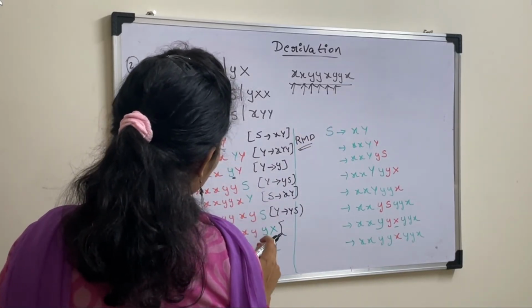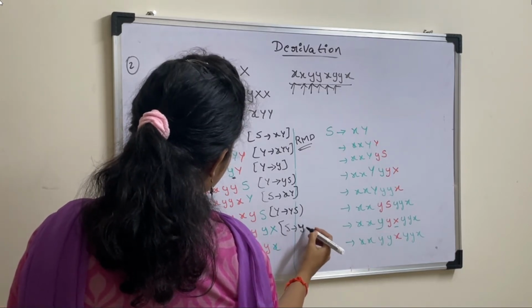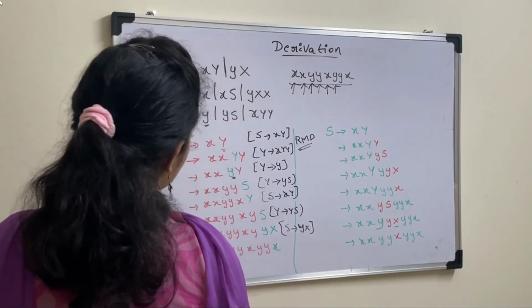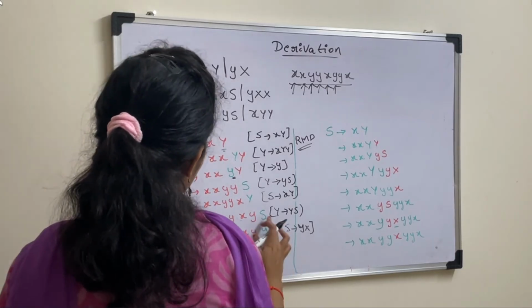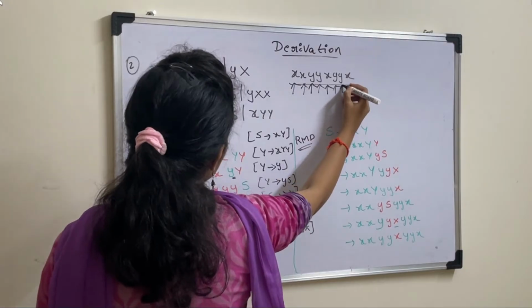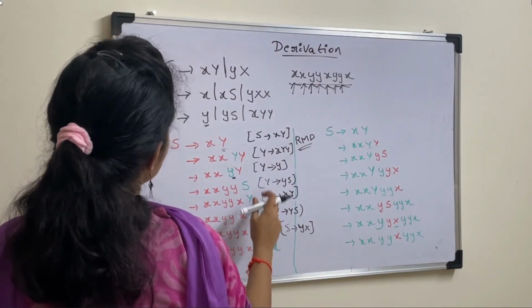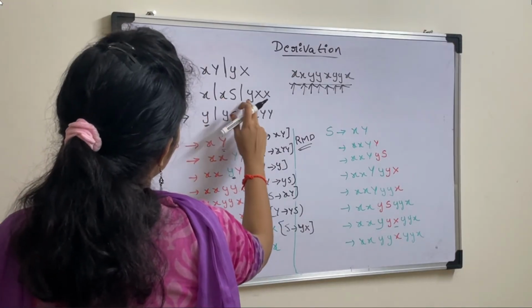Here this S should be replaced with yx. Why? Because here the next string should be y. So you need to take this production in such a way that you will get y.